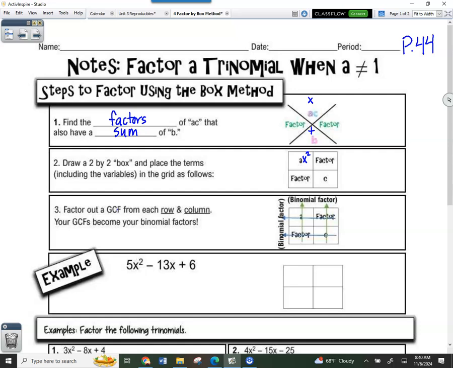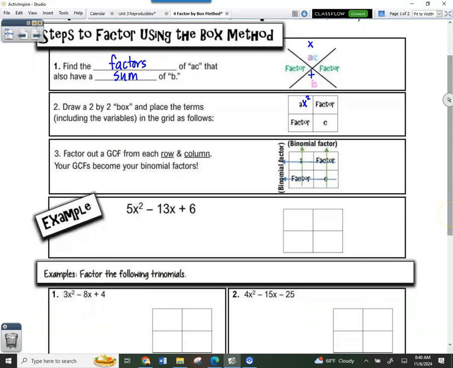GCF should look familiar. We practiced that on Monday. You pull the GCF, I don't know if you can tell the arrows, to the left, and then what's left over goes up on top. Now you might be like, what is she talking about? I'll show you in a second. And that's it. Then you'll see your factors. Your factors will then be here and here. Those will be your answers. Okay? So let me show you.